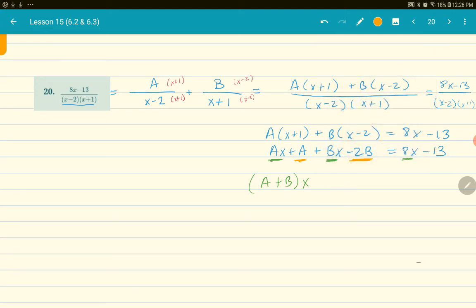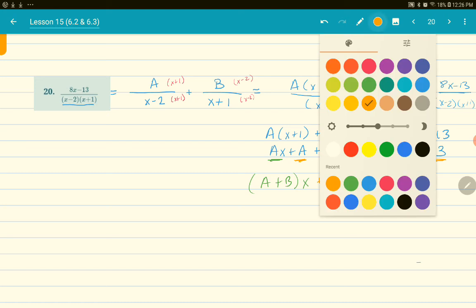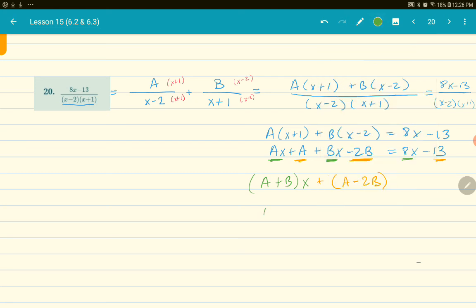Oh, whoops. a minus 2b is my constant, so that's going to be equal to negative 13.